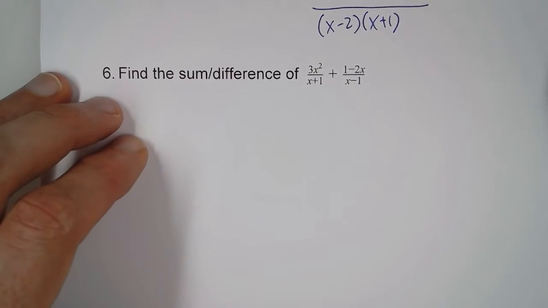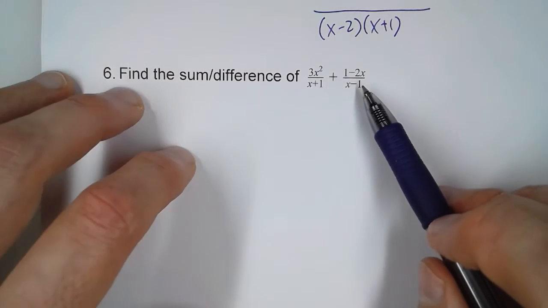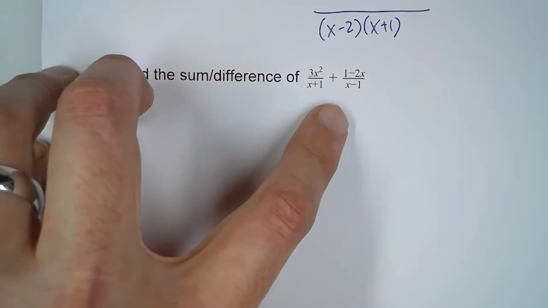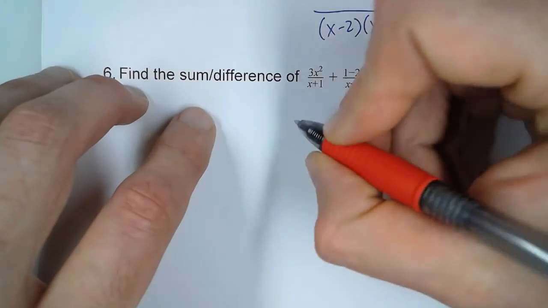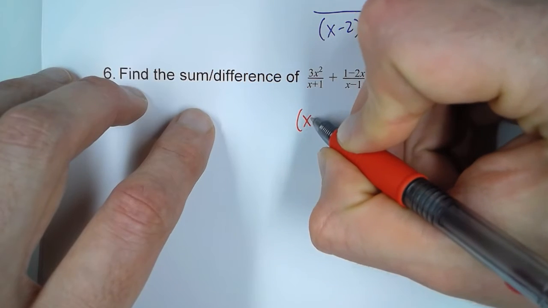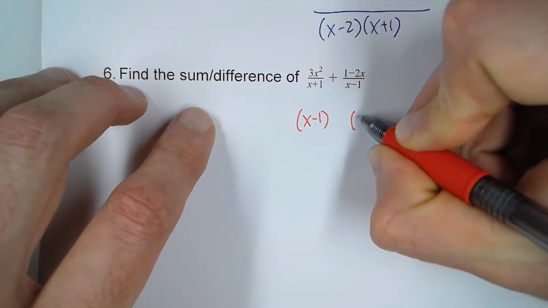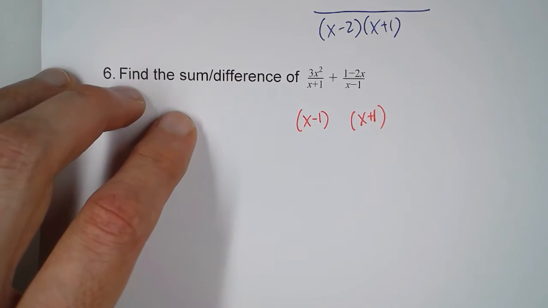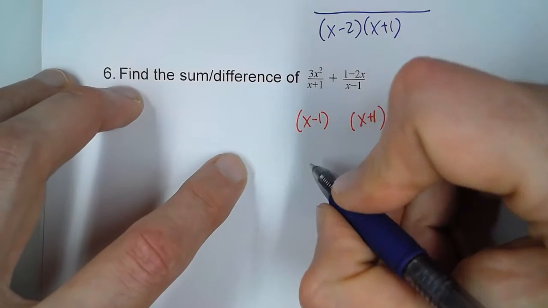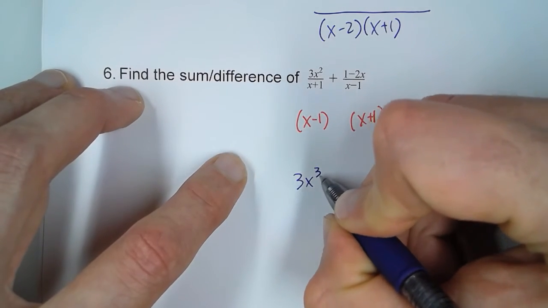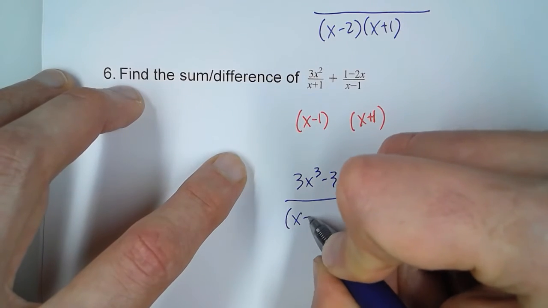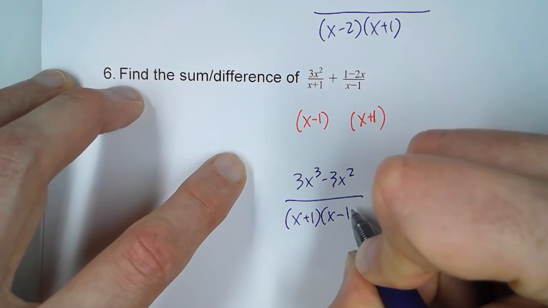With number 6, here we have x plus 1 and x minus 1. Now again, we treat these as quantities, so they have nothing in common, which means we multiply this by x minus 1, and we multiply this by x plus 1. So for this fraction, the numerator becomes 3x cubed minus 3x squared all over x plus 1 times x minus 1.